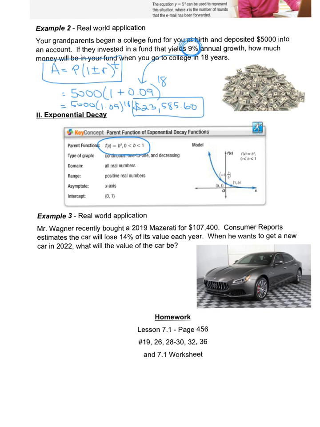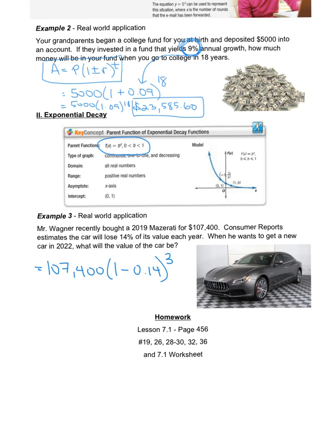All right, and so we do the same idea as before. We're using the model up above. Okay, so my principal, again, in this case, is $107,400. In this situation, since I'm losing value on my car, I'm going to subtract my rate. And from 2019 to 2022, that is 3 years.